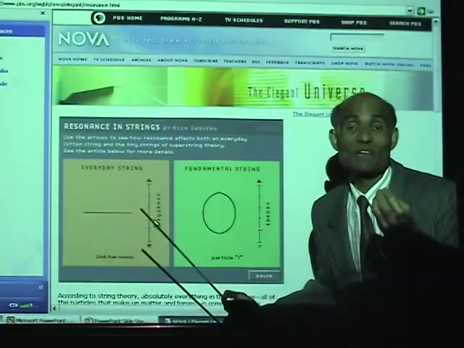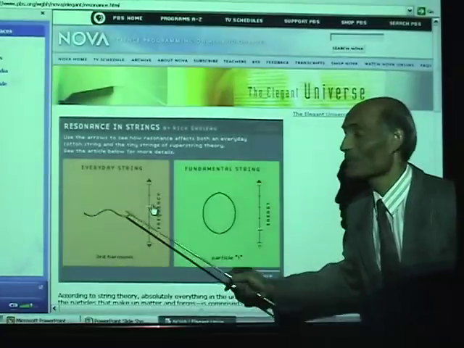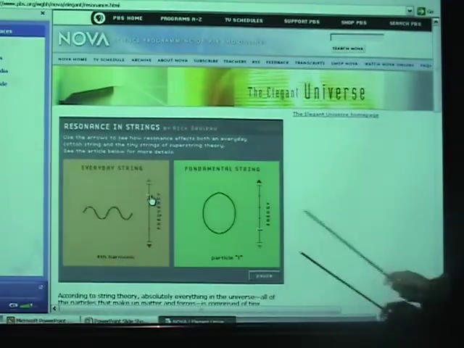This now represents a different particle. And if you increase the energy, look at the mode of vibration. There you have a third mode of vibration of that string. And you can continue increasing the energy, and you see how the modes of vibration change.